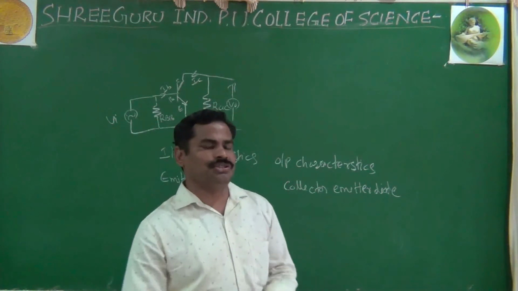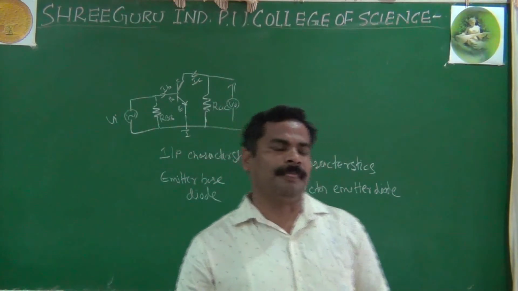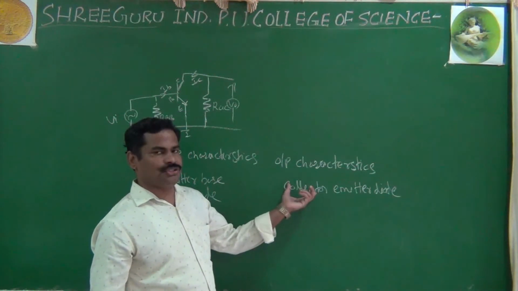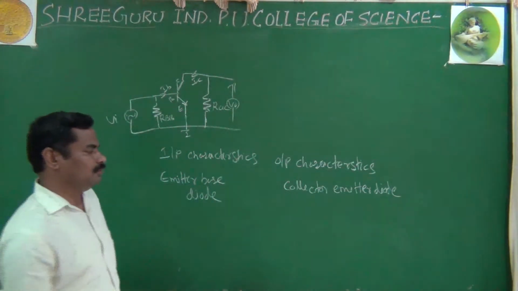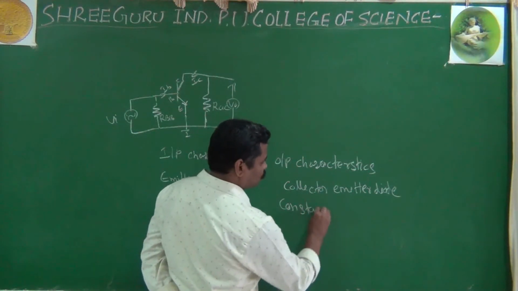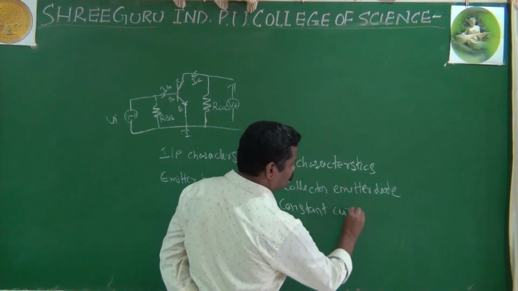In the output characteristics, the transistor acts as a constant current source.